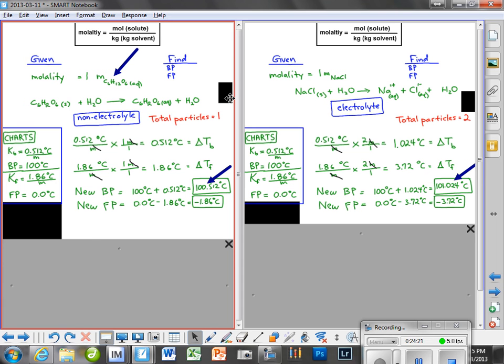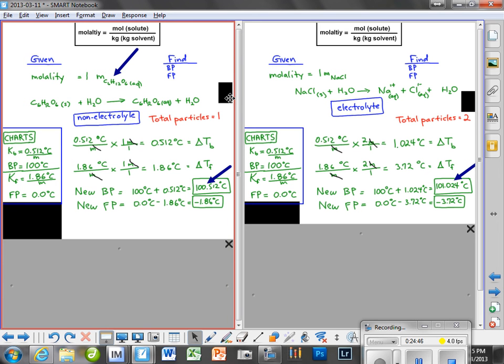That's boiling point. And then you look right below it, and you see that on the left side, where we had a non-electrolyte, the freezing point only went down 1.86 degrees centigrade, whereas on the sodium chloride side, the right side of the screen now, that guy went down minus 3.72 degrees.